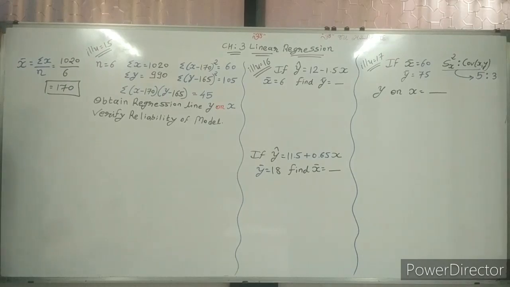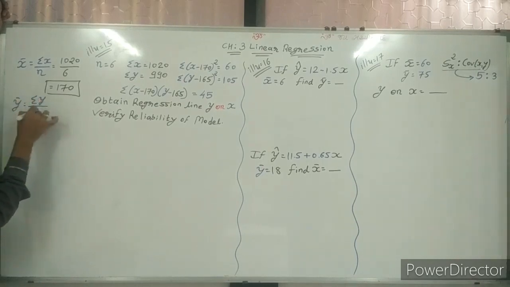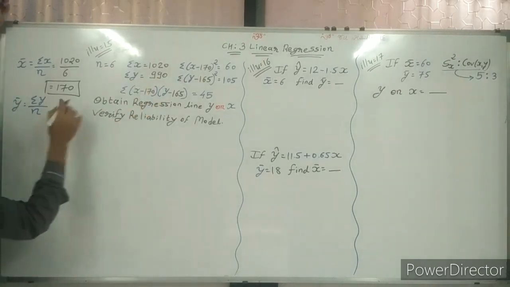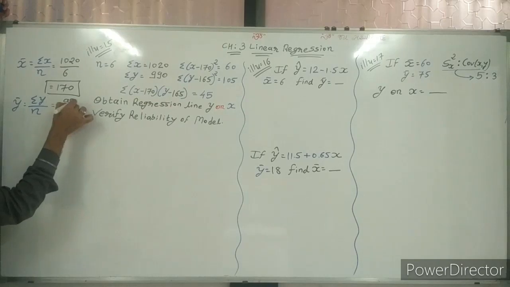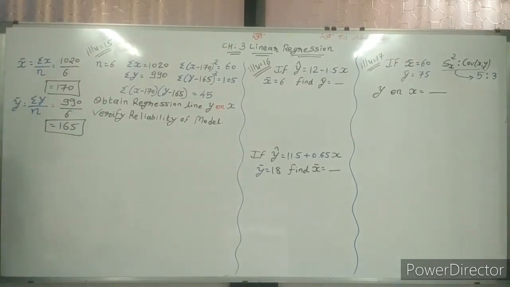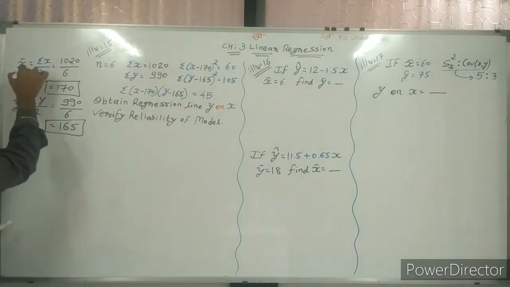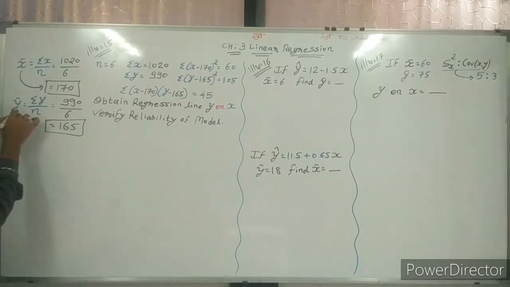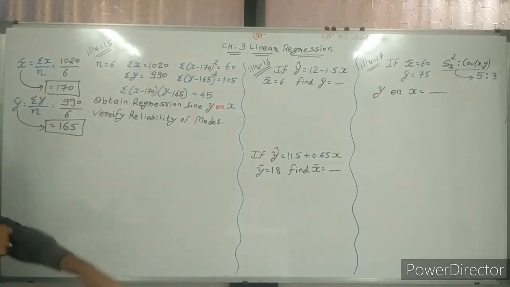Same way we find y bar: y bar is equal to sigma y divided by n. Sigma y is 990, so 990 divided by 6, and our answer is 165. So x bar is equal to 170 and y bar is equal to 165.